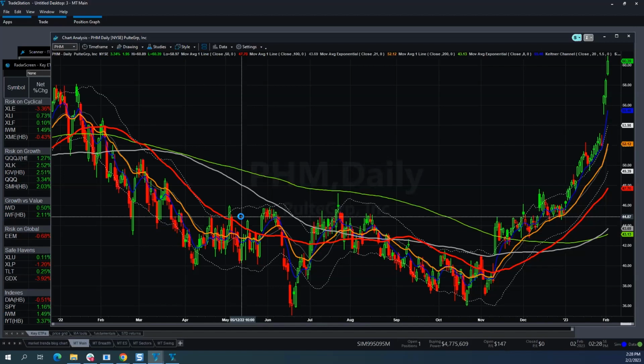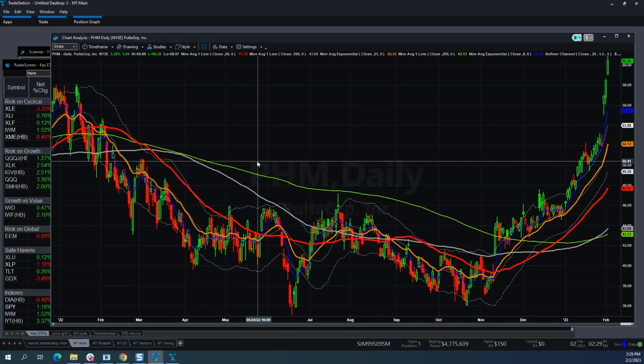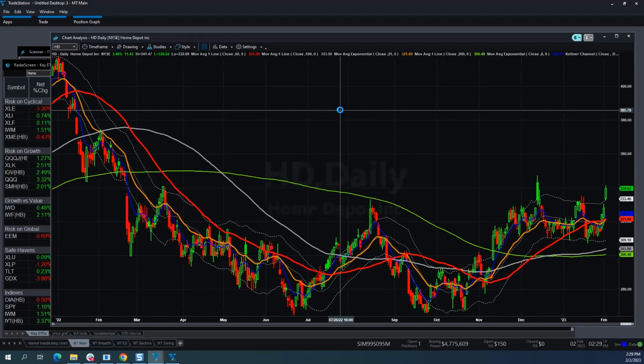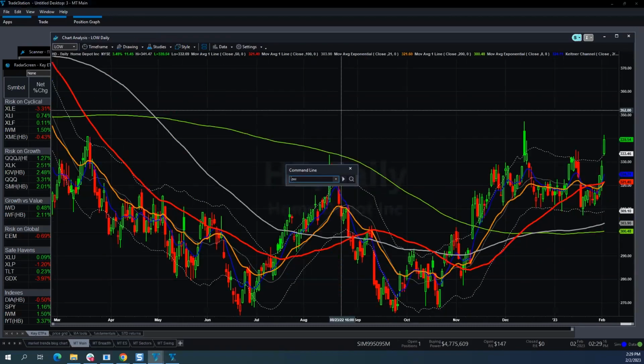We've looked at housing, and when you look at things like this, they've run significantly. But this theme is probably not going to go away. I think there's an opportunity where we want to be focused on this, because as interest rates ease, it's going to be an area that has a lot of focus. Home Depot and Lowe's report later.